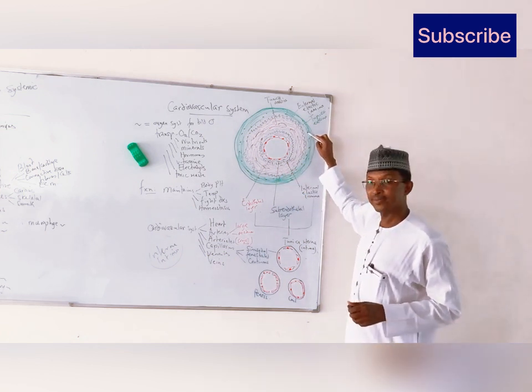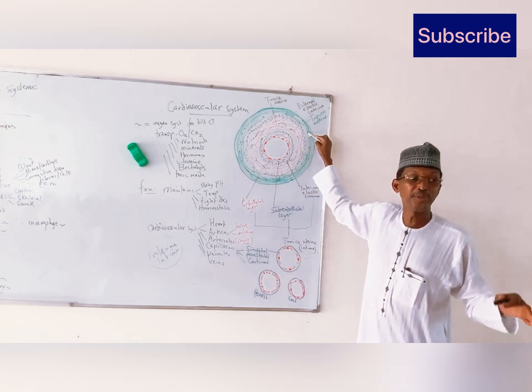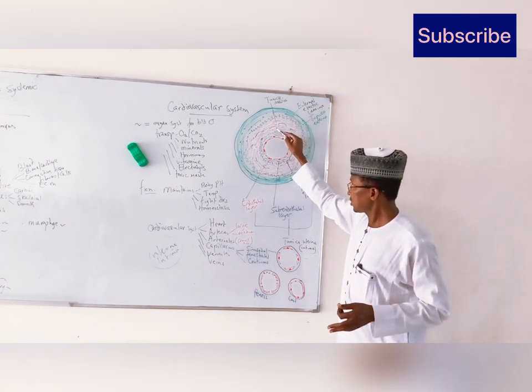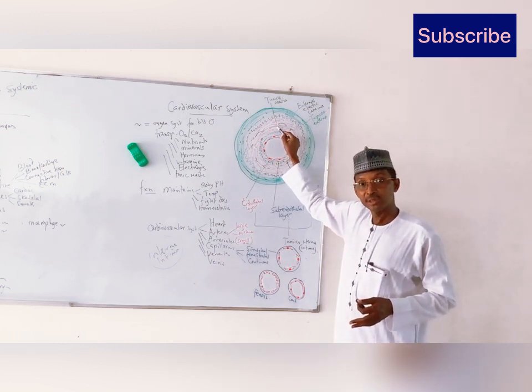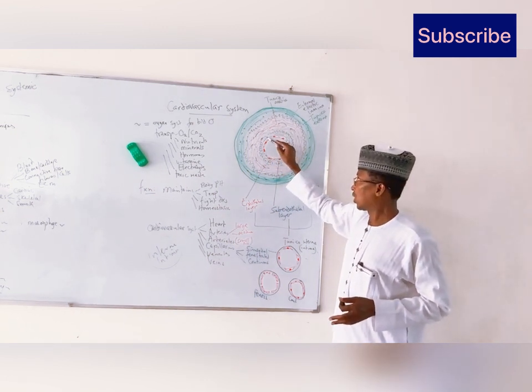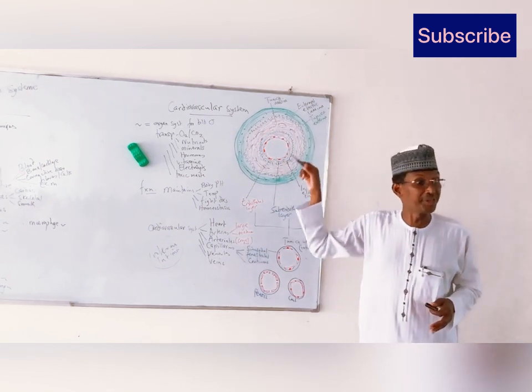Tunica externa, purely made up of connective tissue fibers, purely collagenous. And then we have the tunica media, made up of smooth muscles plus elastic fibers. We also have the external elastic lamina, part of the tunica media.